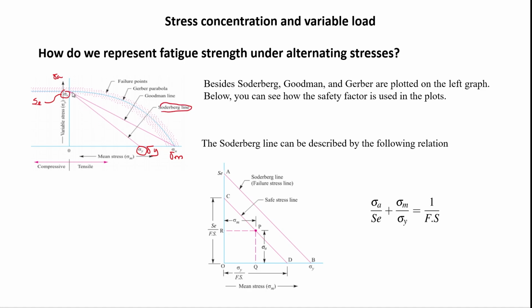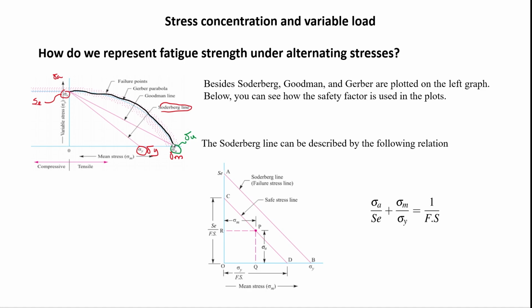However, the line drawn from the endurance limit of the material up to the ultimate strength of the material is going to be called the Goodman line. And if I fit a parabola between those 2 points, that's going to be the Gerber parabola. Those are the three fatigue failure theories we could use here.